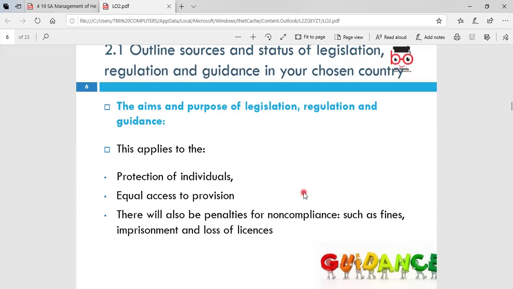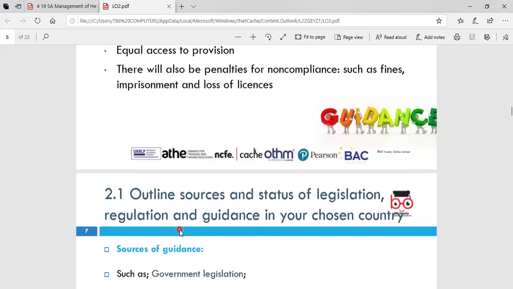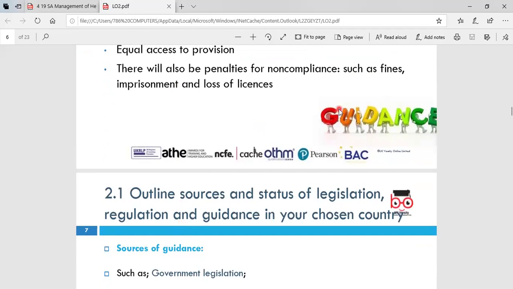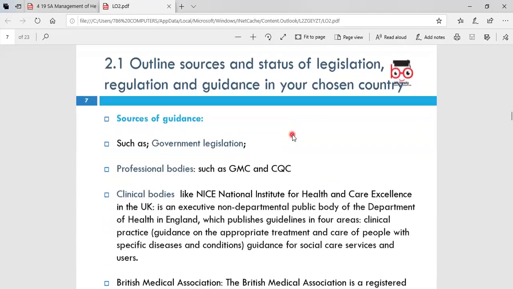These are also there within regulations and legislation. This is for both parties, so it could be for the organization and the people who are using the resources of these organizations. If they don't comply, there could be fines and loss of licenses, particularly for the organizations in the health and social sector we're talking about right now.